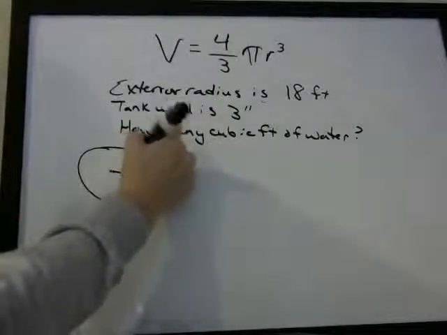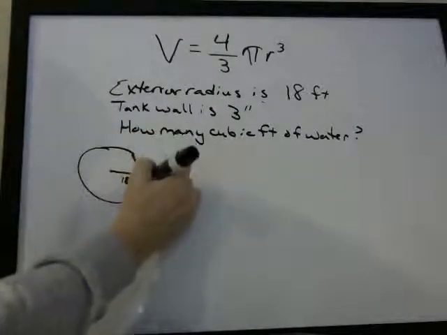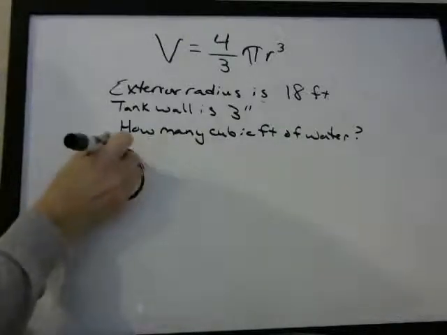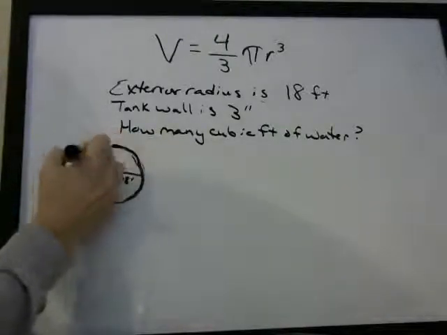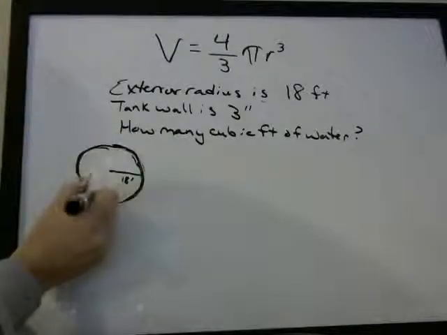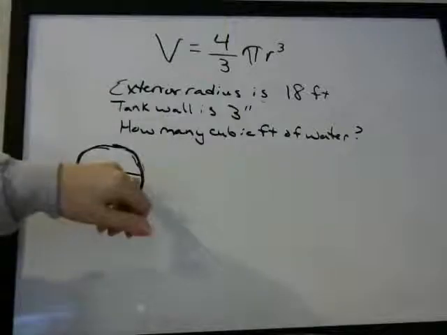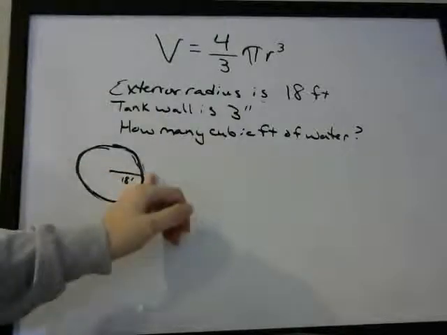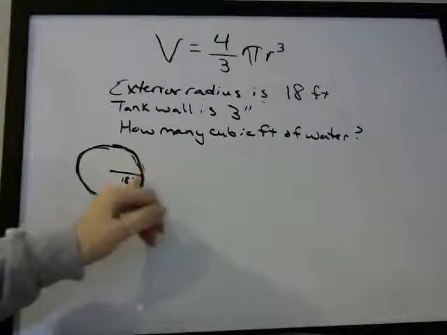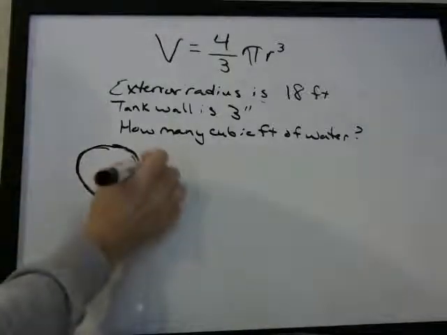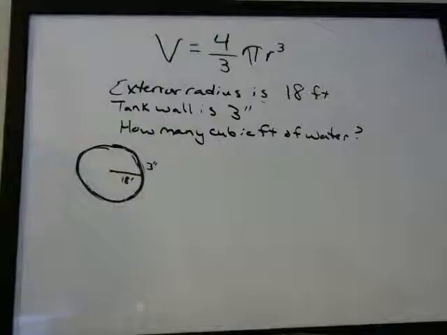So there's a thickness to this wall. It's not paper thin, it has a thickness to it. And so when we fill the tank, it's not going to go all the way out to the outside edge. It's going to go to the inside part. So this thickness is 3 inches.